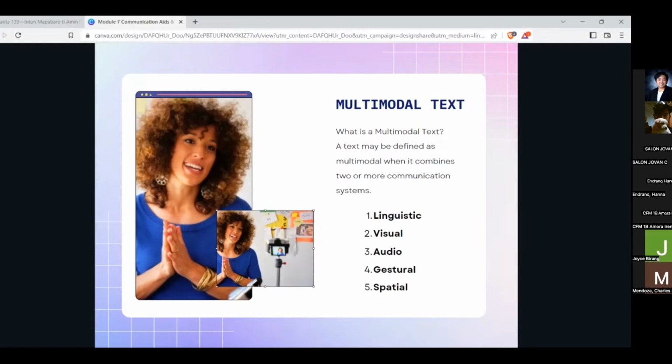I for one tend to learn visually. I cannot learn or comprehend easily if you give me something like, let's say, a recipe. That's what I always encounter. When I read a recipe book without pictures, without video, it's so hard for me to follow.